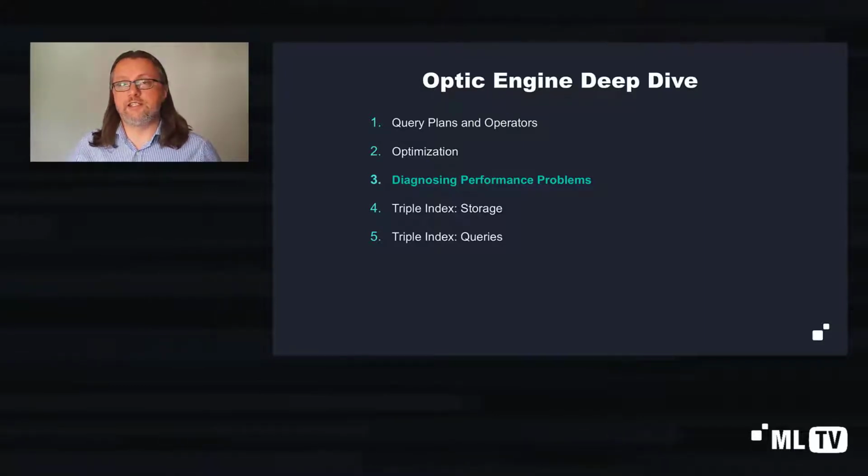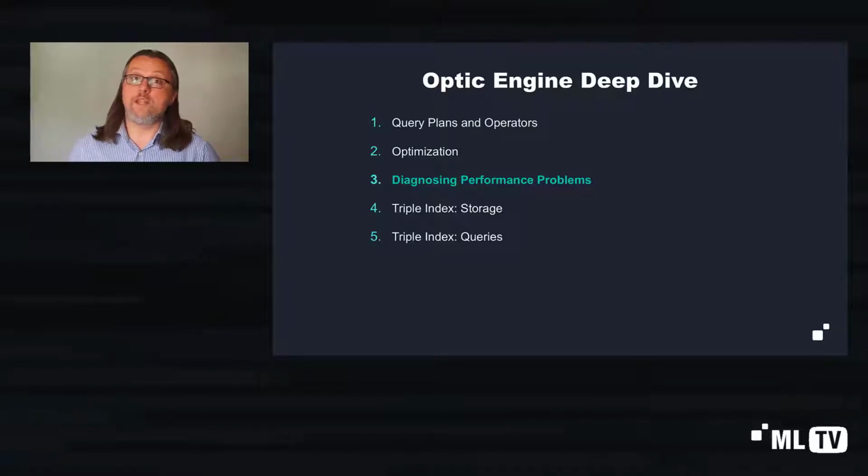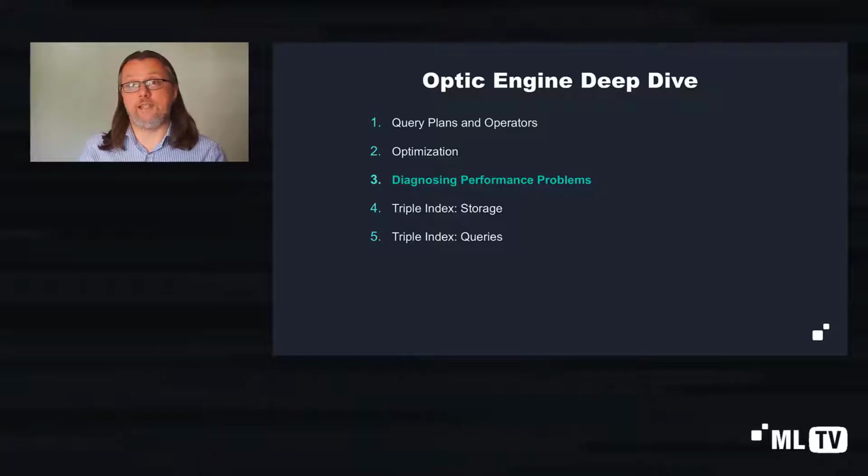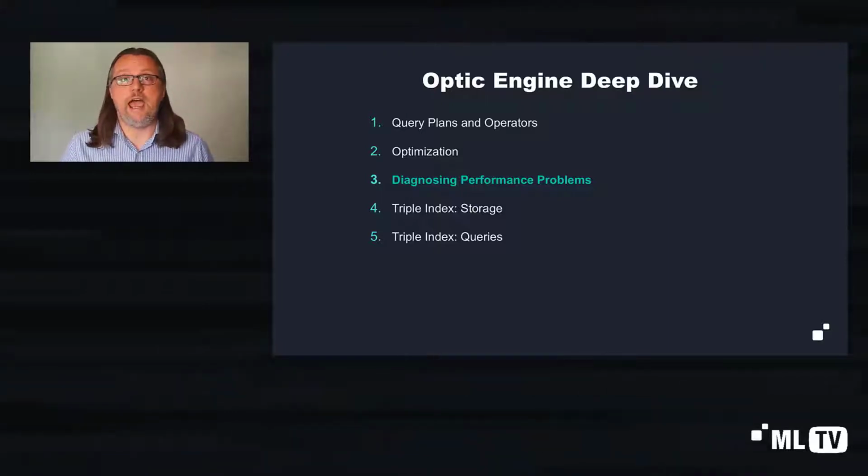To understand some of the things we're talking about today, it may be useful to go and look at parts 1 and 2 about the query plan operators and the way that we optimize query plans. And potentially you also might want to look up triple index talks number 4 and 5 to look at how the triple index is stored and to look at what kind of things can be efficiently queried from the triple index.